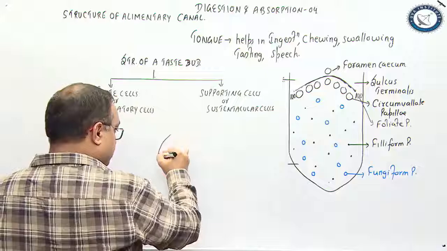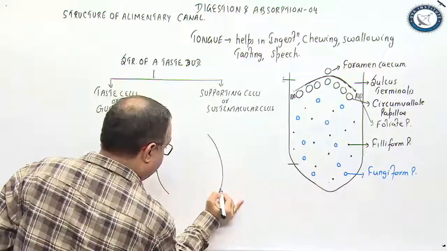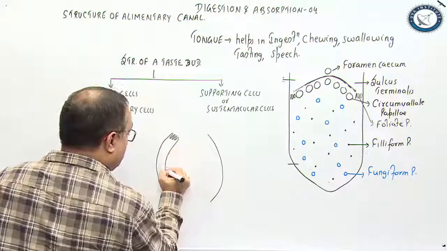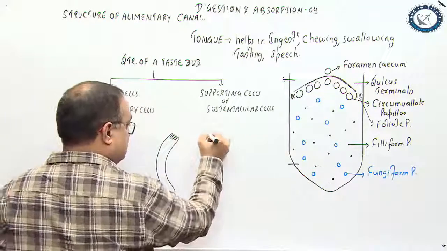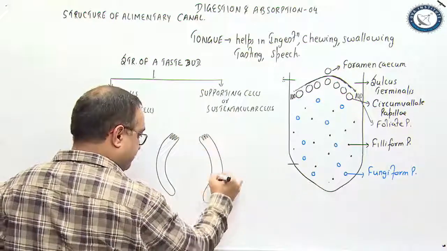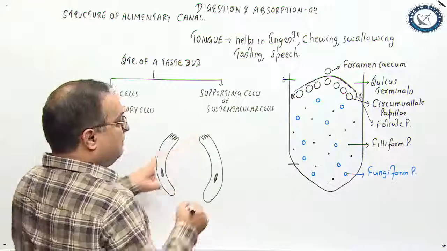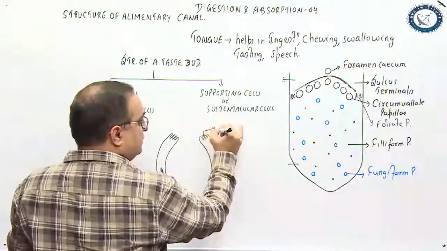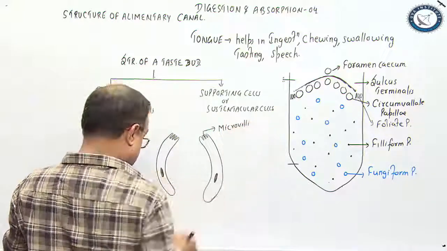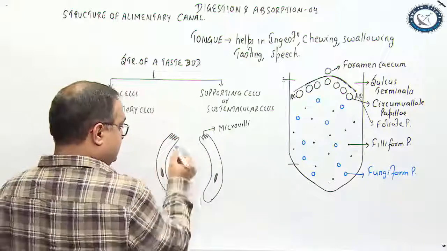Now, let me draw the structure of a taste bud. Say these are the taste cells. They are modified columnar epithelial cells. They are also called neuroepithelial cells. This is their nucleus. This apical surface is having what? Microvilli. So this is one taste cell. This is another taste cell.